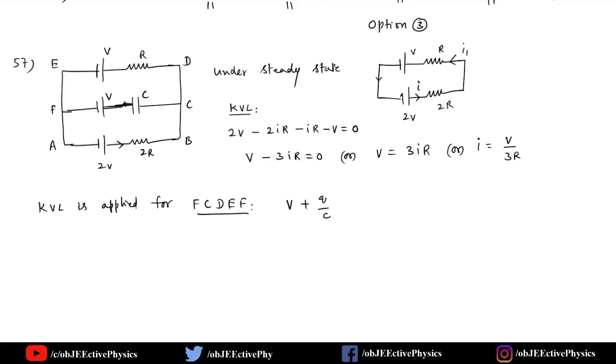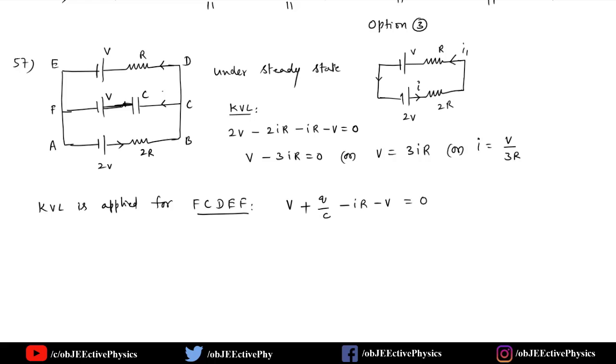As for the current direction, here you can take it like this. As per the sign convention, let us take it towards the positive plate, so therefore plus only. V plus Q by C minus IR minus V is equal to 0.